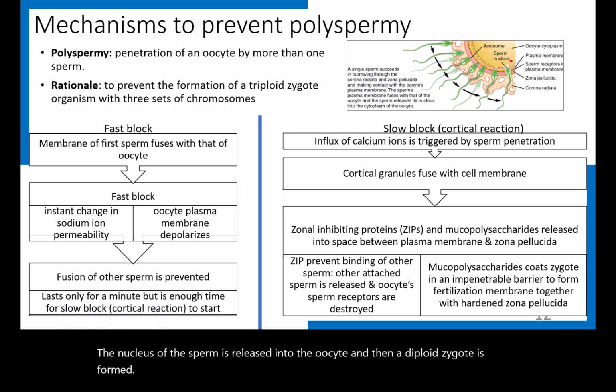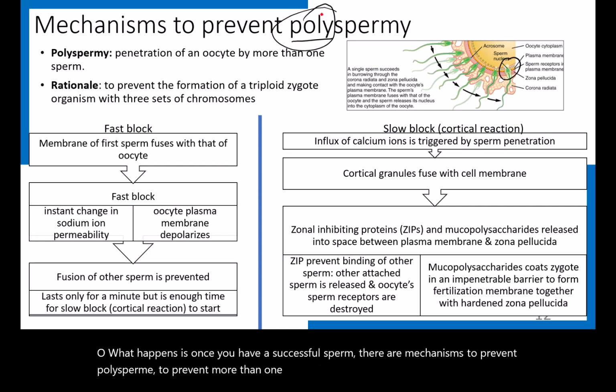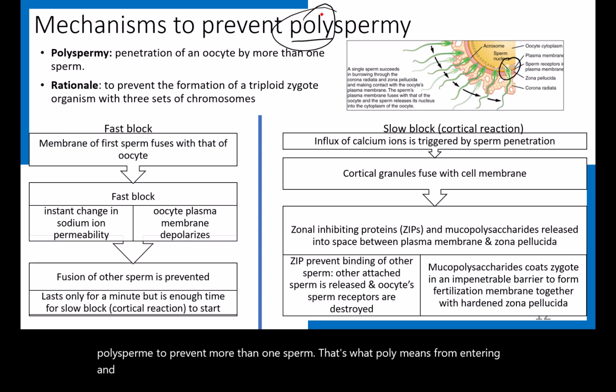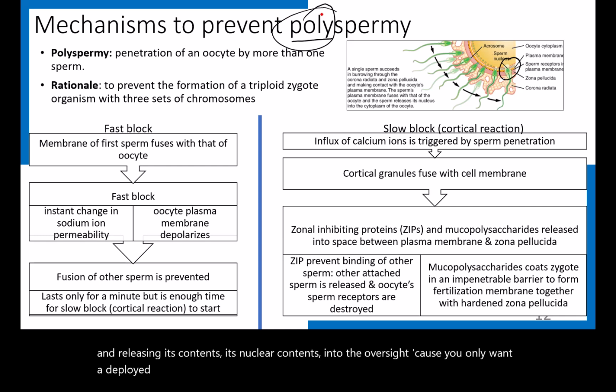So once you have a successful sperm, there are mechanisms to prevent polyspermy, to prevent more than one sperm, that's what poly means, from entering and releasing its nuclear contents into the oocyte. Because you only want a diploid zygote. You don't want 3 or 4 sets of haploid chromosomes being released, right?